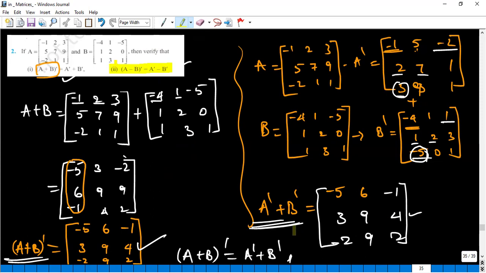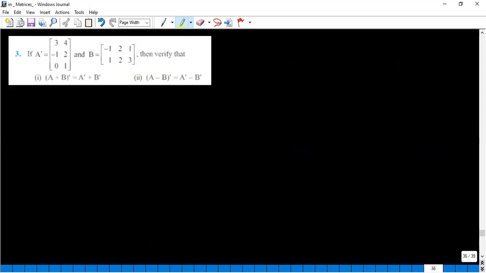This is a small introduction about transpose of a matrix. Let us see one more example. A dash is that particular thing, B dash, B is that. Verify the same properties again.